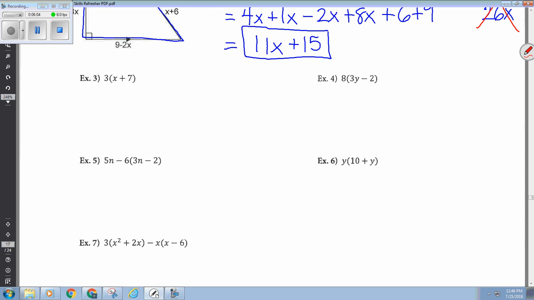Starting with example 3, you're going to take 3 times x, and then 3 times the plus 7. Three times x gives you 3x. 3 times positive 7 is 21. Those two terms cannot be put together, so that's your final answer for example 3.